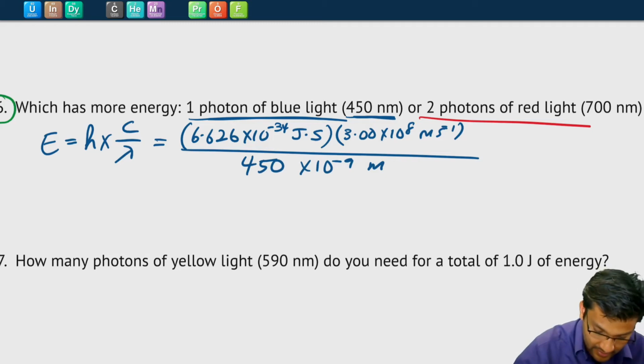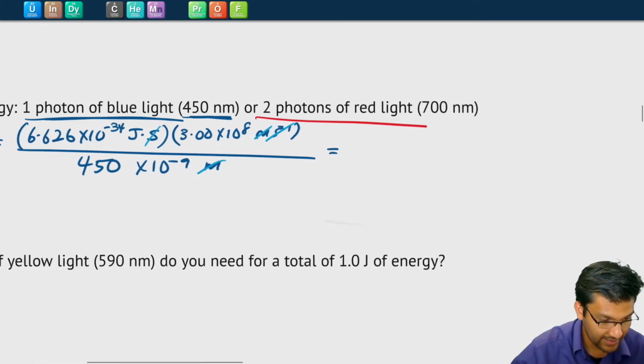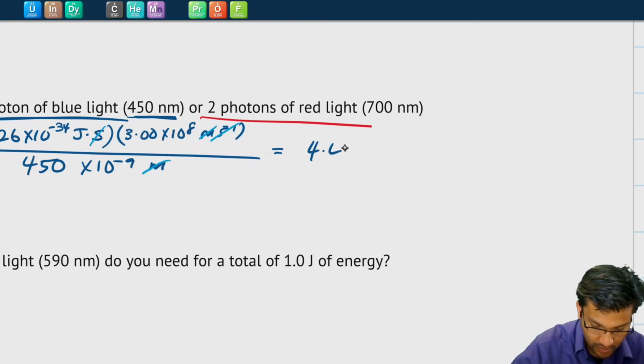That way, seconds cancel with per second, meters cancel with meters, and we're left with answers in joules. The amount of joules that you should get from this is 4.4 times 10 to the minus 19 joules.